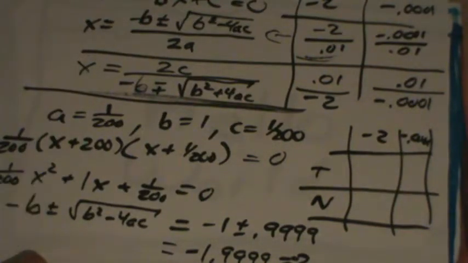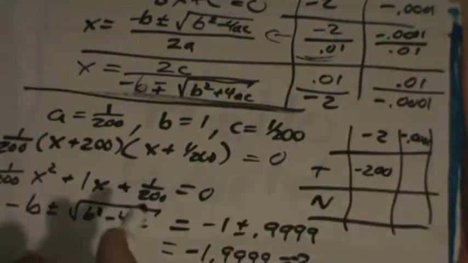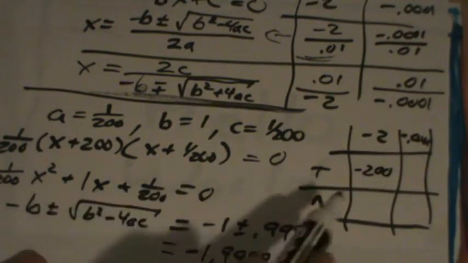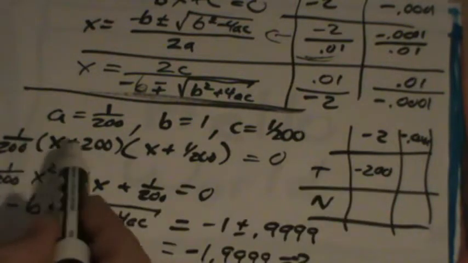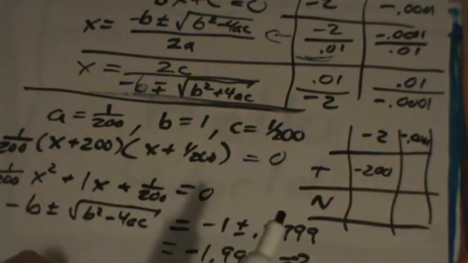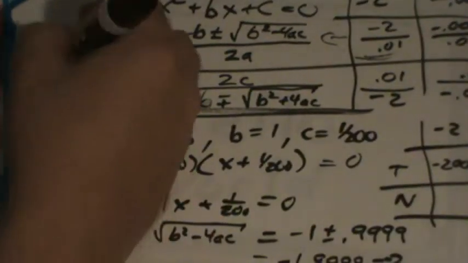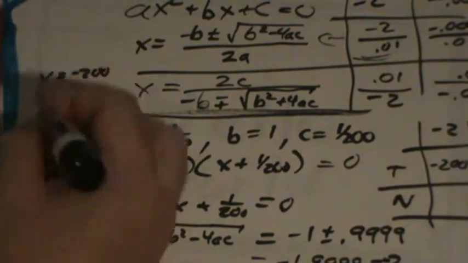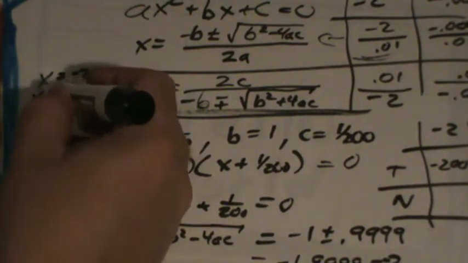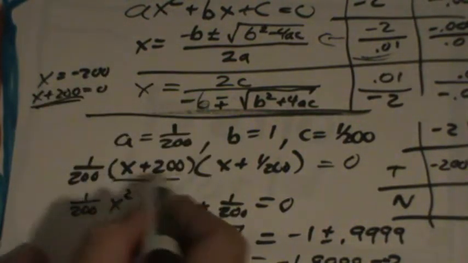When you calculate minus 2 divided by 100th, you get minus 200. Now, that's exactly right, because x equals minus 200 means x plus 200. So, a note, x equals minus 200. Taking the minus 200 to the other side is x plus 200 equals 0. So that is the root.